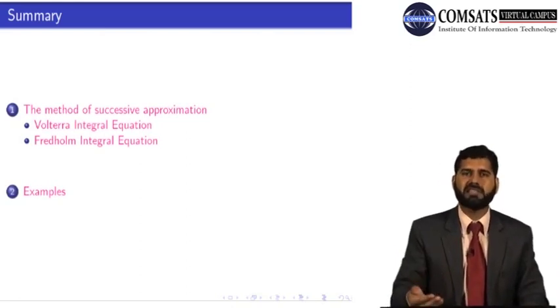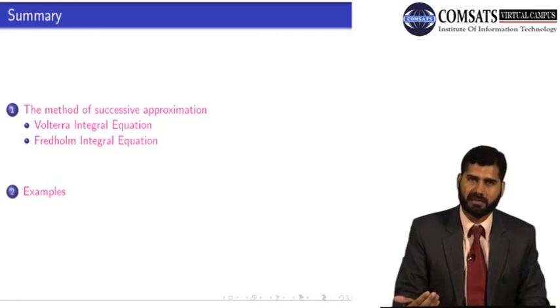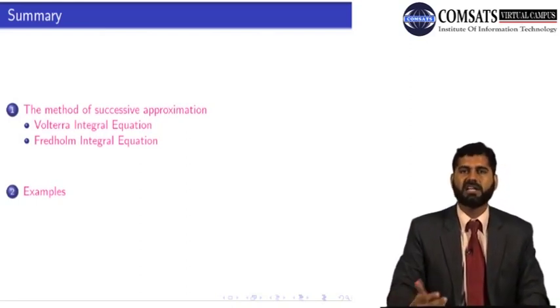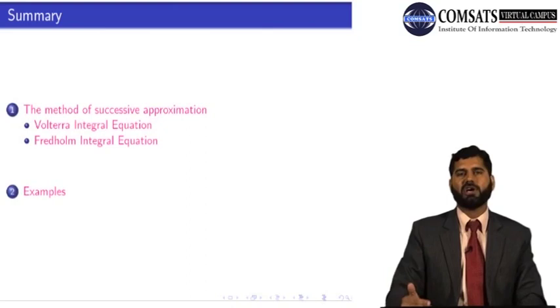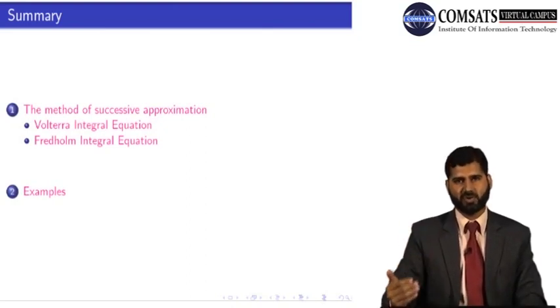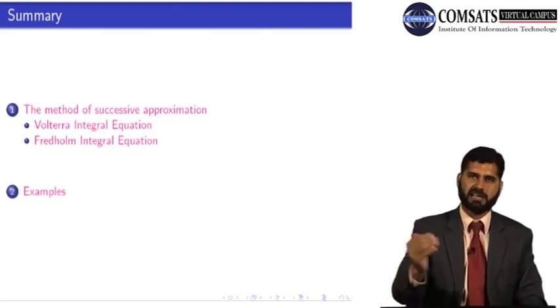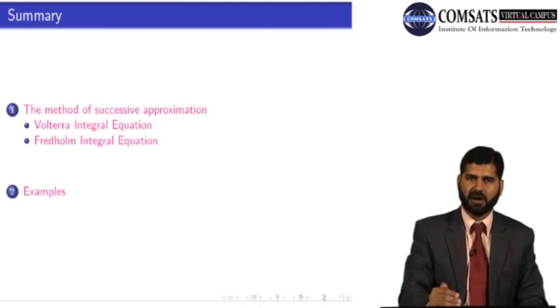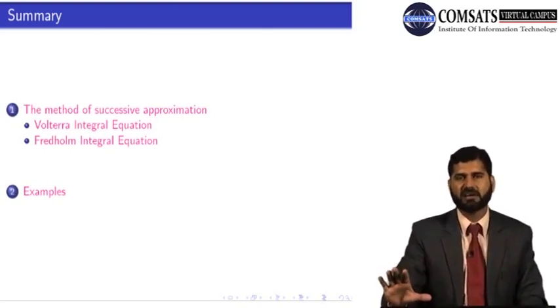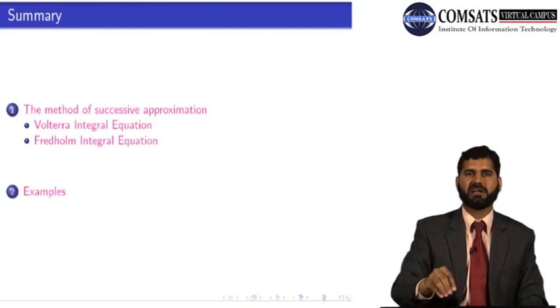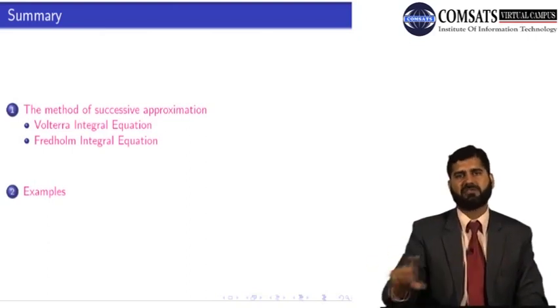But if an example is given to solve by the method of successive approximation, then you will not prove the formula. You will find k1, k2, k3, and so on, replace them into your resolvent kernel formula, simplify the resolvent kernel, and then replace it in your solution formula, and you will get the final solution.